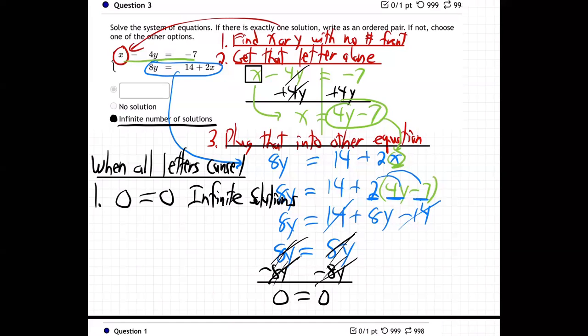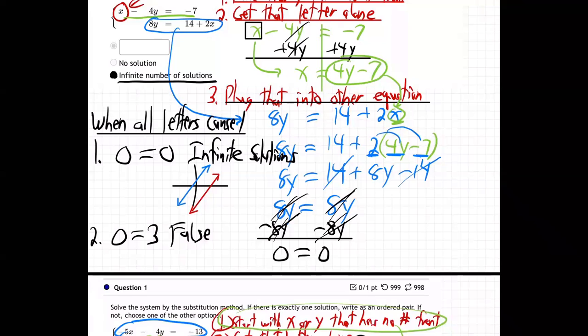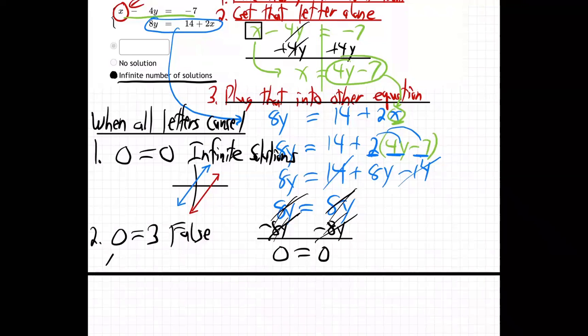Infinite solutions, meaning if you were to graph it, it means there's 2 parallel lines. That's what it really means. There's 2 parallel lines, no solution, no intersection at all. Case 2, if you get something like 0 equals 3, something that's false, that means that there's no solution.